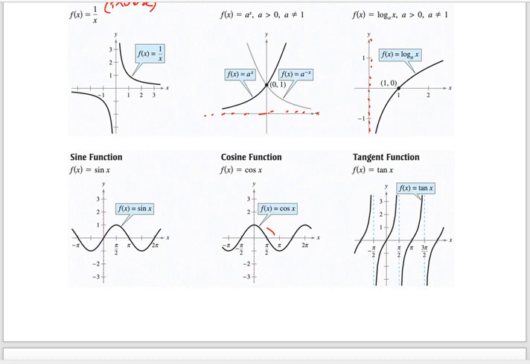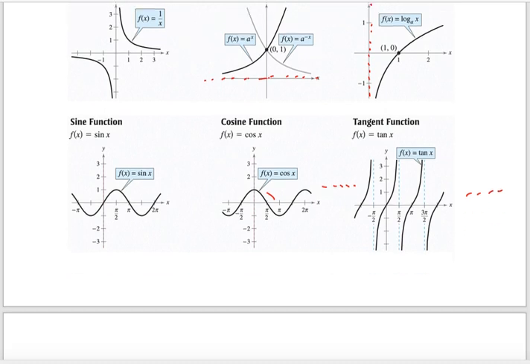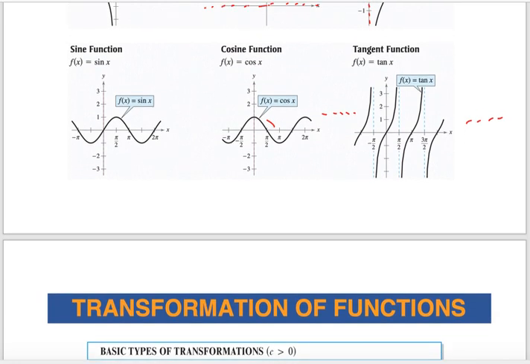We have this shape that repeats infinitely from right to left. And there are asymptotes, vertical asymptotes. So after we talk about the basic types of functions, we will start transformations. We have to know every type of function and how they look like.